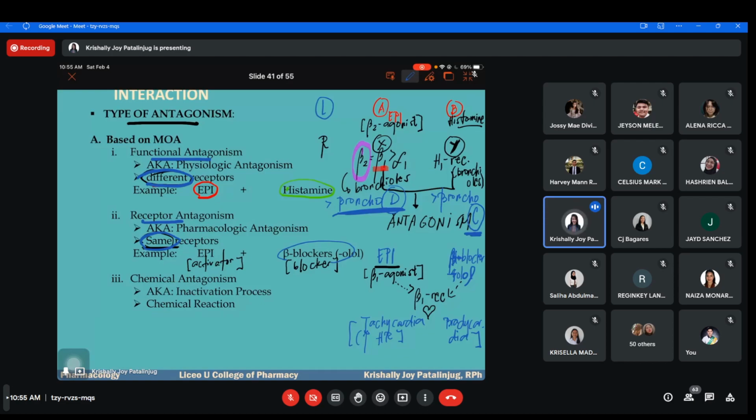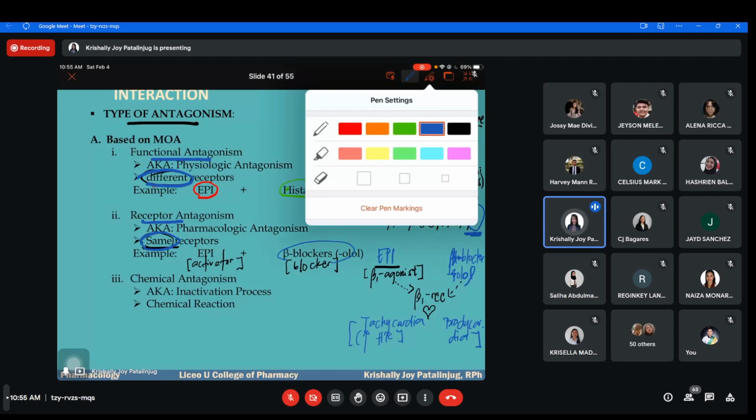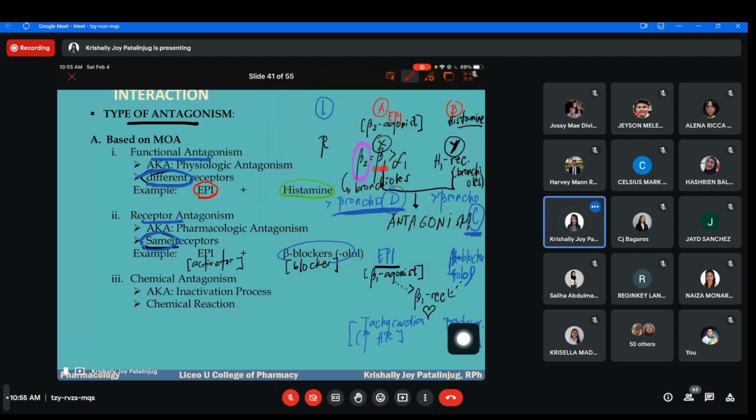Okay, so purely chemical reaction ito. Halimbawa, yung mga na-discuss natin na example under direct chemical interaction, di ba? Yung protamine. Halimbawa, it is a known antidote of heparin, di ba? Isa itong antidote sa heparin toxicity.